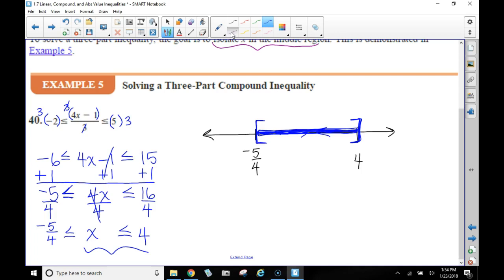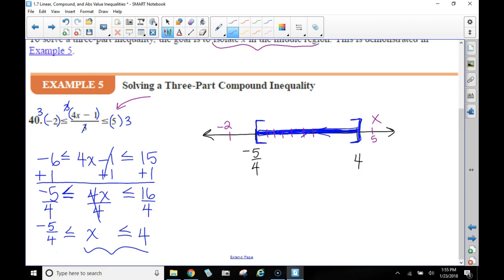And again, feel free to check some values inside here if you want. Show that when you plug those back into your original inequality that they would work. And then also, just to show that it doesn't satisfy all parts of this, you might want to check 5 and show that it doesn't work. Or like a -2 and show that it doesn't work when you put that back in.